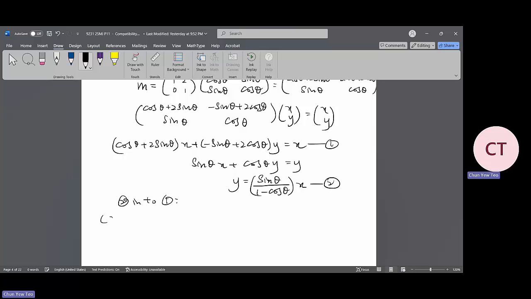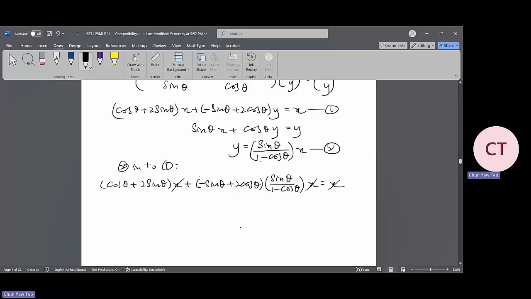Then I will have cos theta plus 2 sine theta times x, plus negative sine theta plus 2 cos theta multiplied by the y, which already changed into this, is equal to x. So all the x will not equal to 0.